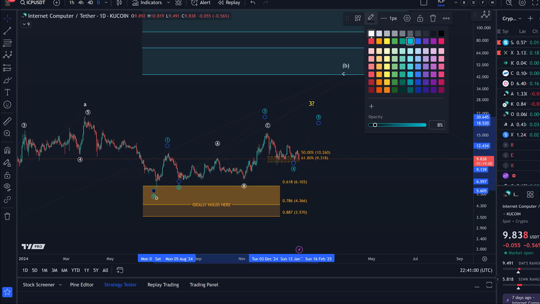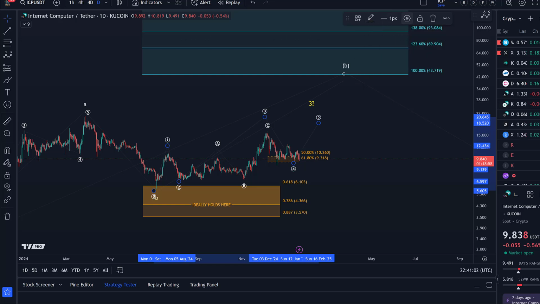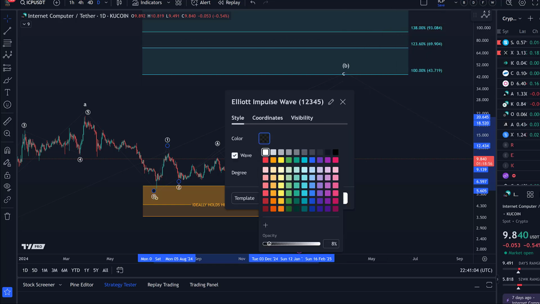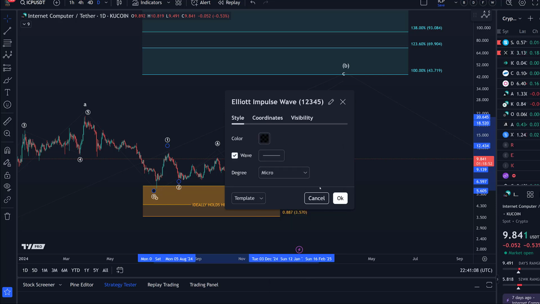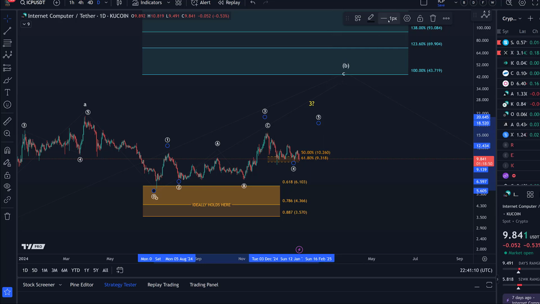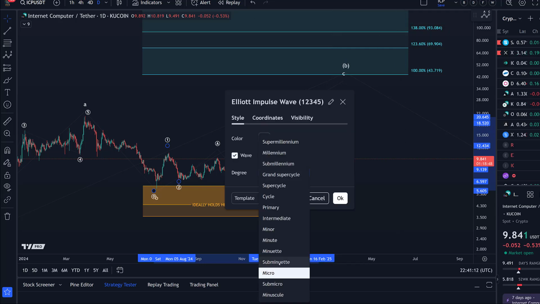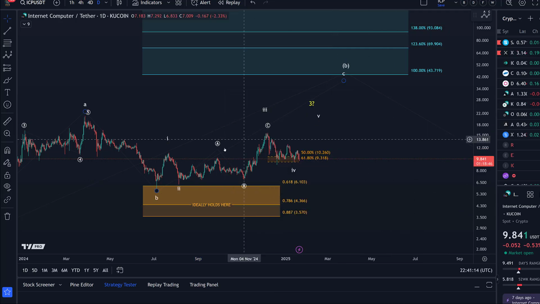Labeling that in white. Oh yeah, wave degree. So this would be a bullish perspective.